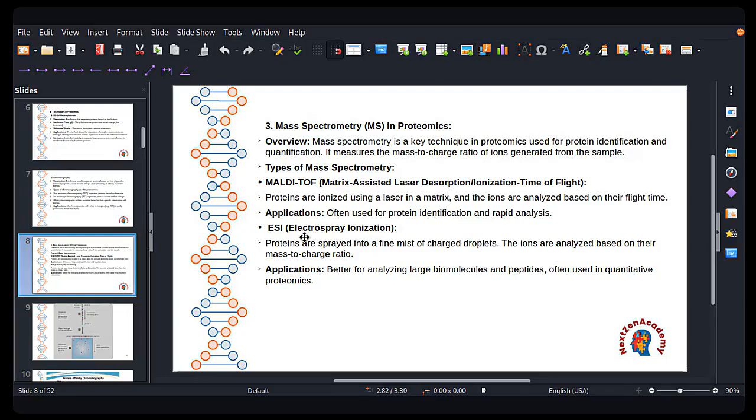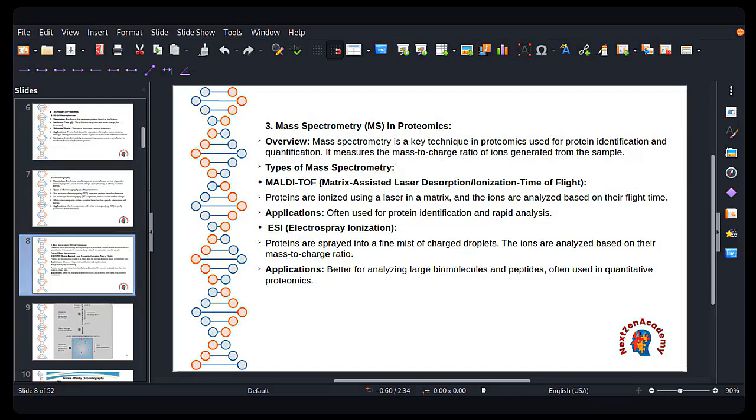Then ESI, electrospray ionization. Proteins are sprayed into a fine mist of charged droplets. The ions are analyzed based on their mass to charge ratio. So basically the principle is the same, mass to charge ratio. Its application is better for analyzing large biomolecules and peptides, often used in quantitative proteomics. Okay.